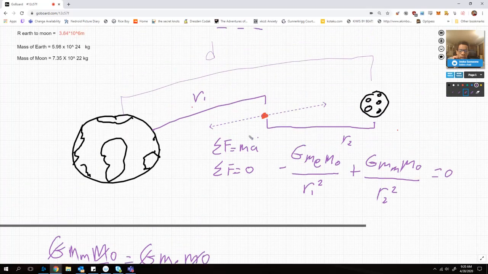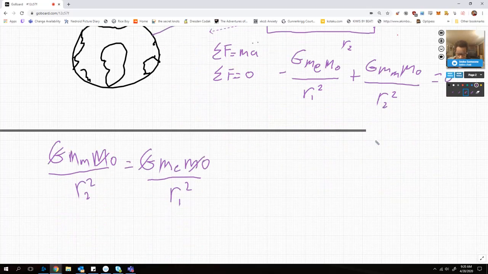That implies that we need a third equation, which is why we have this distance from the Earth to the moon. Because now we can write our distance, Earth to moon, is going to be equal to this distance R1 plus R2. So D from Earth to moon is equal to R1 plus R2.